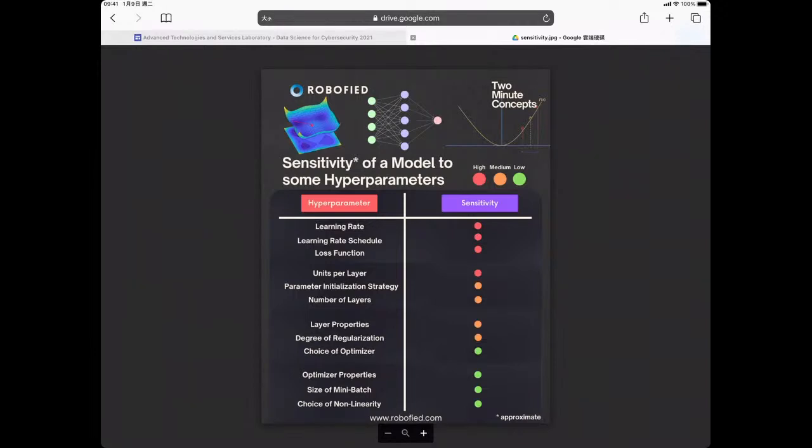So here is a list. If you have a model, no matter what it is, a convolution or a very simple dense neural network, and it does not perform quite well, try to modify those hyperparameters from the top. Learning rate: you can change the learning rate. The learning rate we mention here is the initial learning rate.